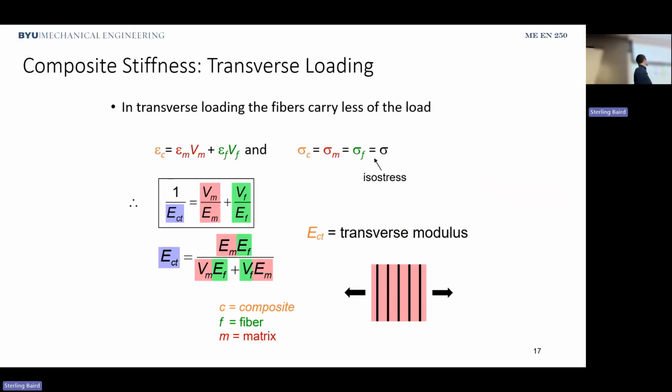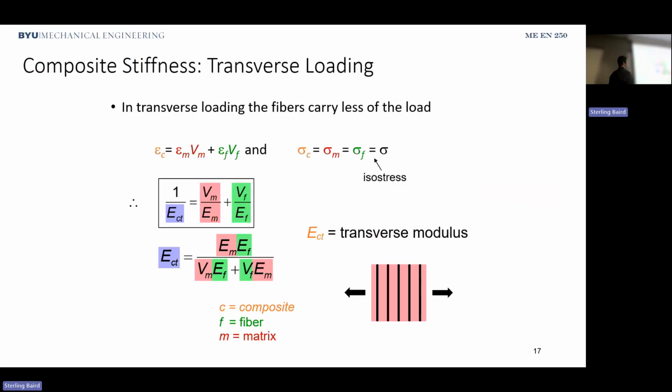Using that, we get this equation here, and then solving for E sub CT, we can get this. There are two different ways to arrange the equation: one is one over the top equation, the other is the bottom equation.